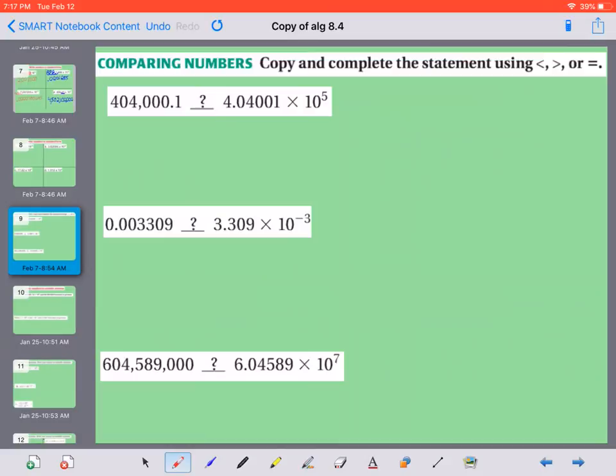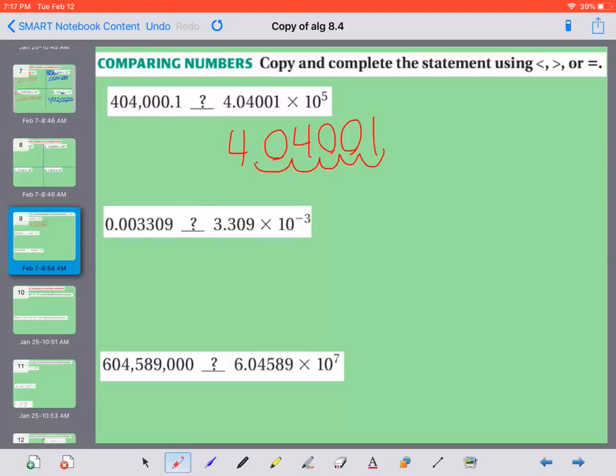So what I'm going to do is rewrite 4.04001, and I'm going to move my decimal point backwards 5 spaces. 1, 2, 3, 4, 5.